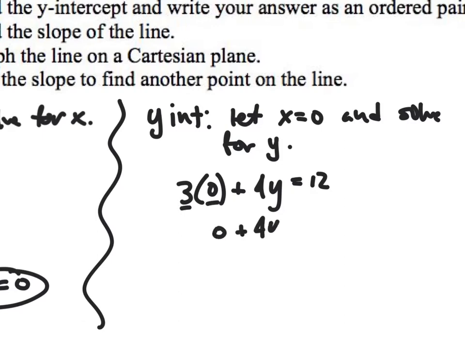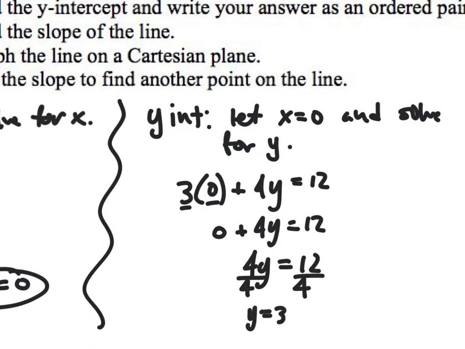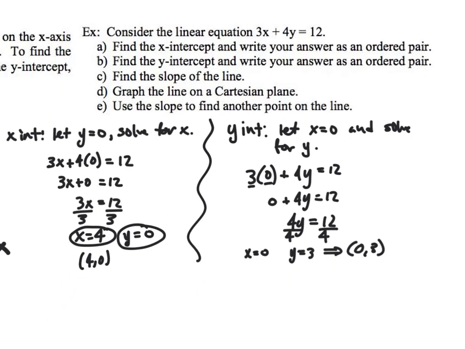So I've got 0 plus 4y is equal to 12. 0 plus 4y is just going to give me 4y, and that's going to equal 12. Now if I divide by 4, I'm going to get that y is equal to 3. Now y is equal to 3 when x was equal to 0. So this gives me the point (0, 3). So here's my x-intercept, here's my y-intercept.